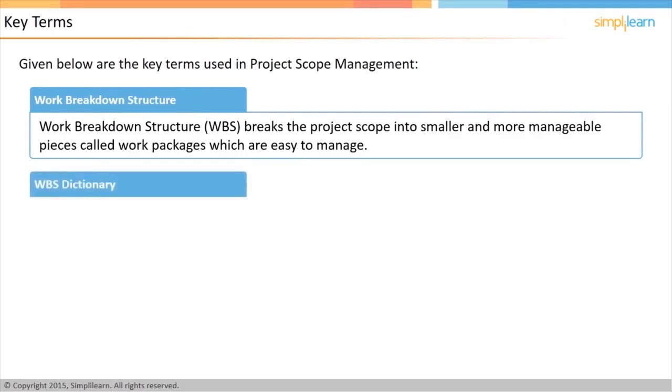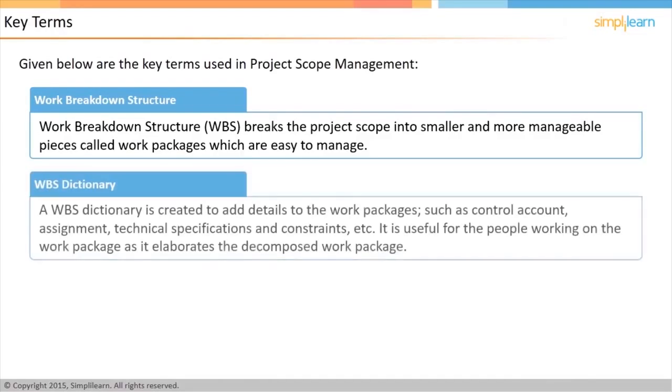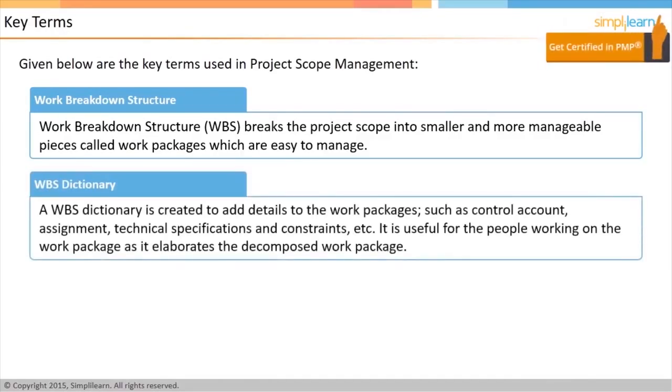WBS Dictionary, like any dictionary, contains the explanation of the terms used in WBS. A typical WBS dictionary has details like the control account, name of the work package, description of the work package, resource assigned, if there are any assumptions or dependencies to complete the work package, the due date to finish the work package, technical dependencies, and so on.